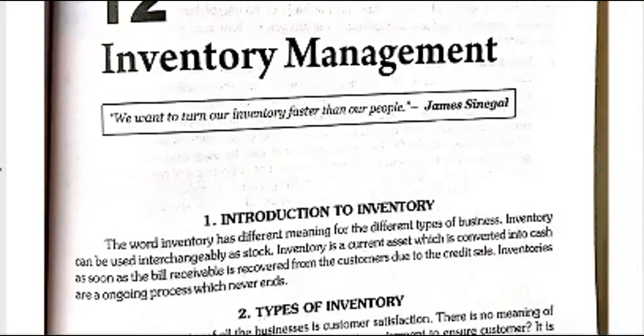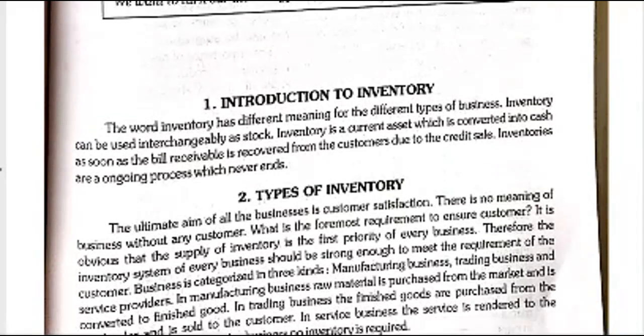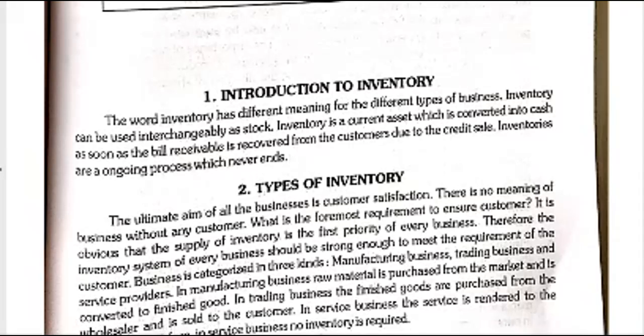Now, you all know there are different types of inventory, or inventory has different meaning for different types of businesses. Like if I talk about manufacturing business, raw material is purchased from the market and then it is finally converted into finished goods. In case of trading business, the finished goods are purchased from the wholesaler and finally sold to the customer.